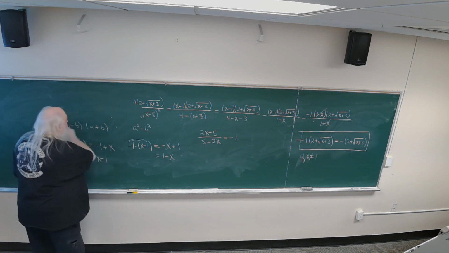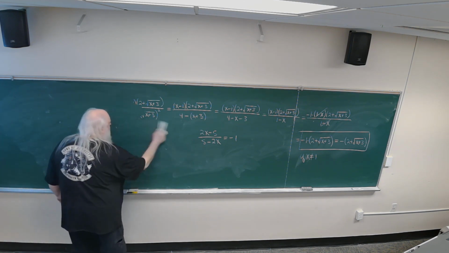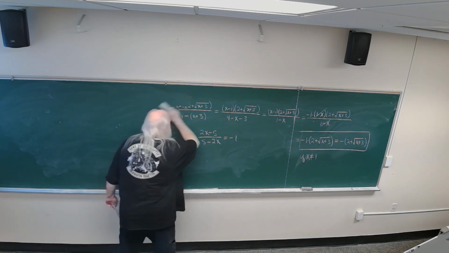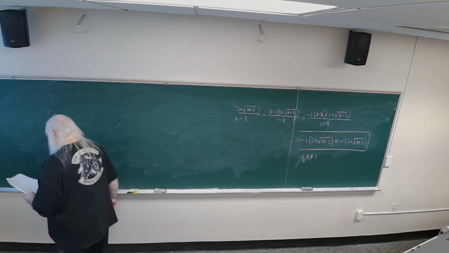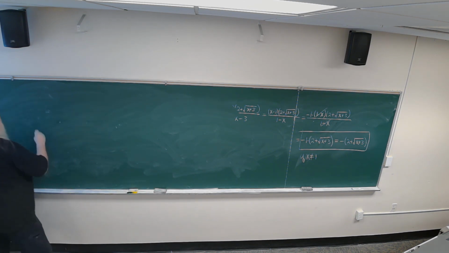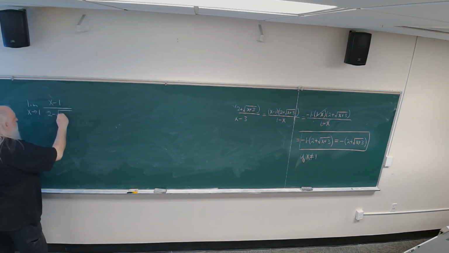All right, so now let's do the limit. We have the limit as x approaches 1 of x minus 1 over 2 minus the square root of x plus 3.